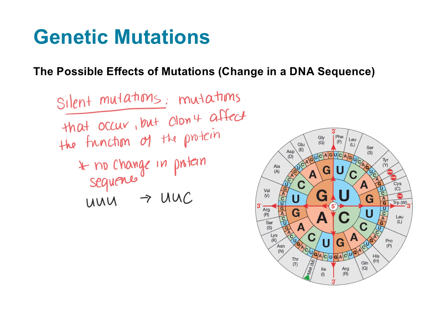When we look at this, right, UUU codes for phenylalanine, but UUC would also code for phenylalanine. So if there was that change, the polypeptide and the protein would still function the same way because it's the same amino acid.